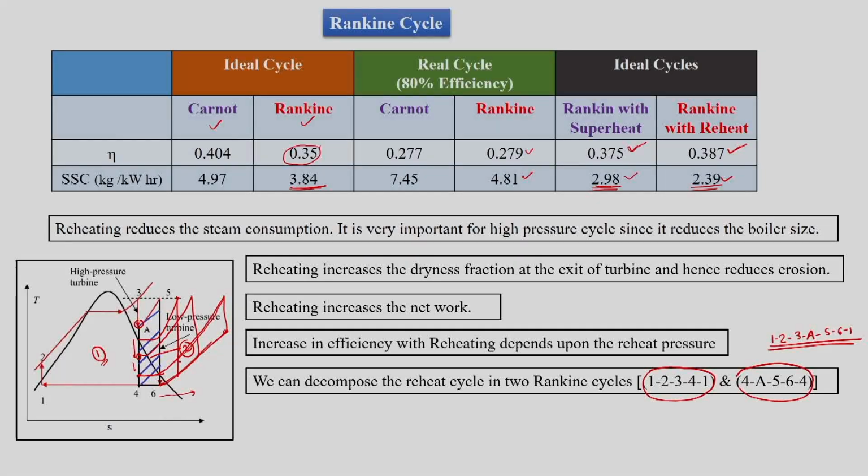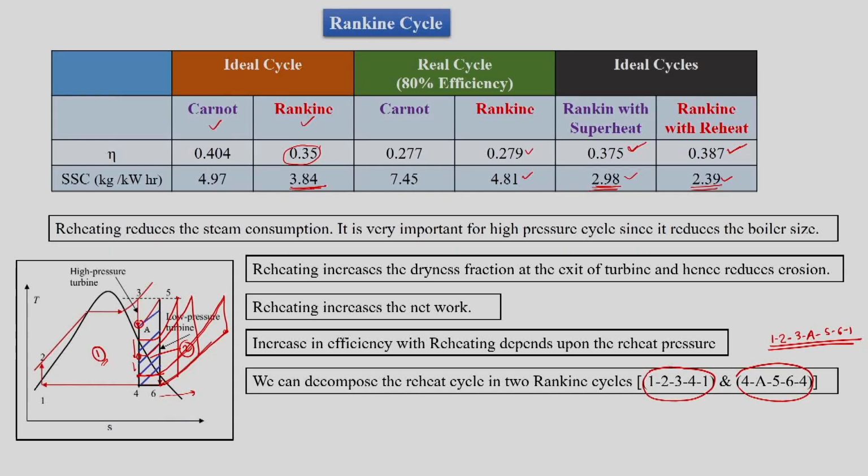Since the mean temperature of heat addition is low and the mean temperature of heat rejection is high, this lower mean temperature of heat addition and higher mean temperature of heat rejection lead to lower efficiency of cycle 2.